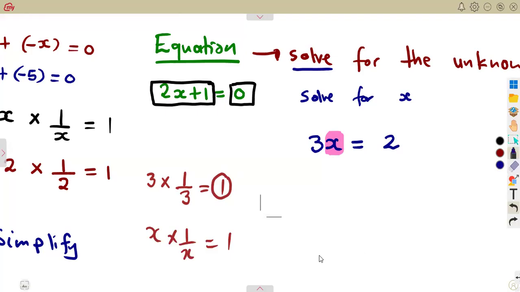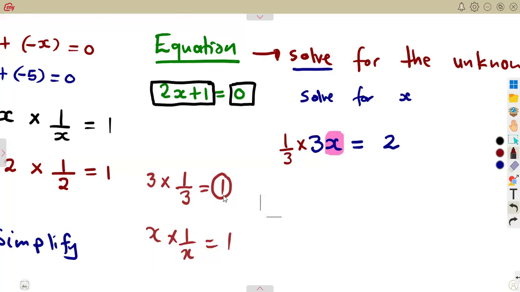If you remain with the 1, let's say it's 1x. 1x is equal to x, remember. So having 1 on x means we are having x already. That is the case that we want. So we multiply by 1 over 3 so that we obtain a 1.